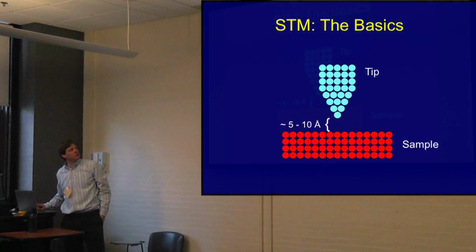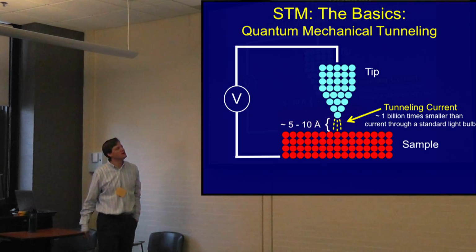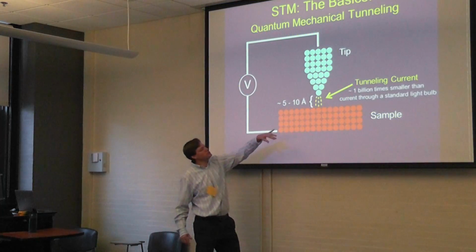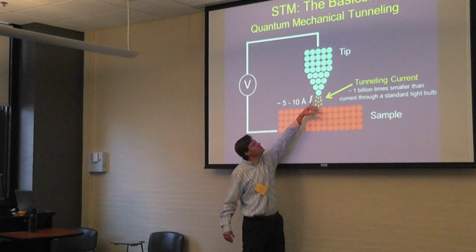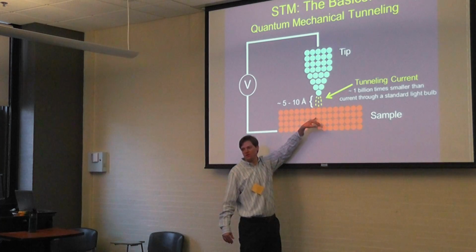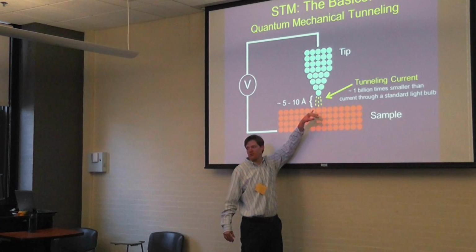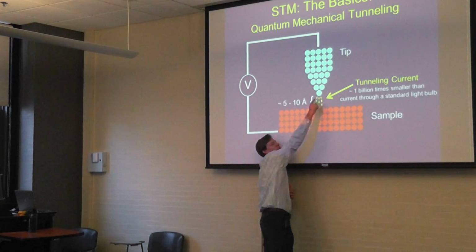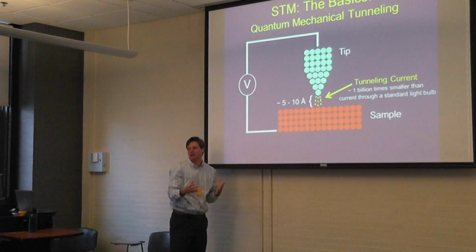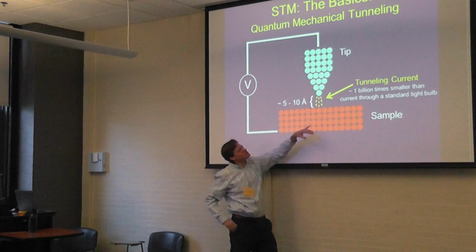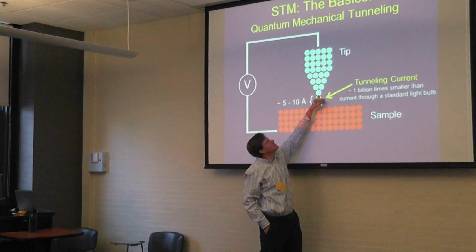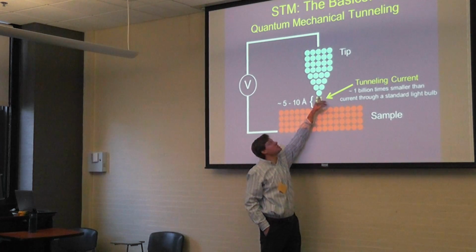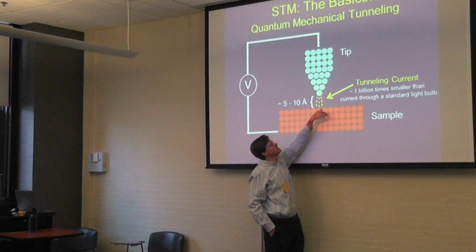And if we apply a voltage, so we hook up a battery, due to quantum mechanics, even though the tip and the sample are not touching, you can have electrons flow. This region between the tip and the sample is that barrier we were talking about, and there's a very small probability that an electron can tunnel from the tip into the sample.